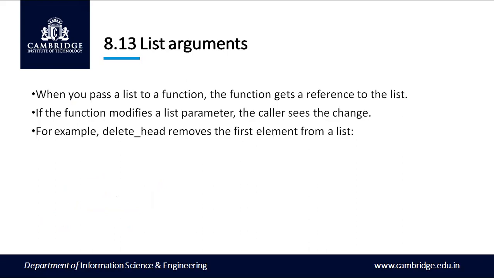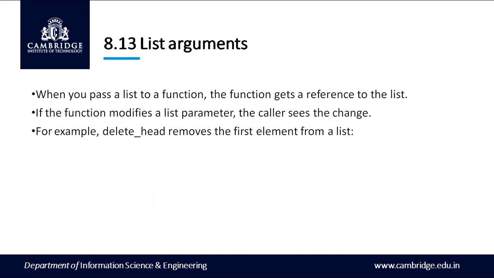Wherever you have passed the parameters, if you use that function with different arguments, arguments are nothing but the actual values you are going to pass to the function, that particular modification is done here.